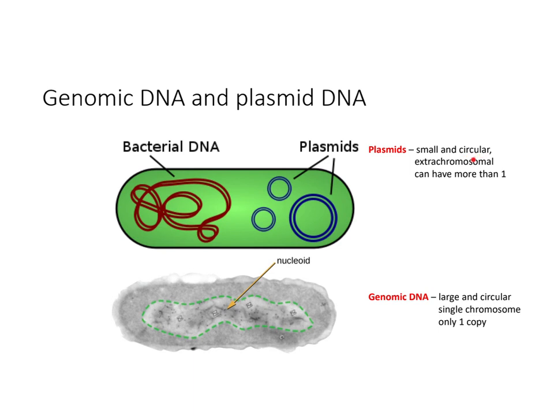But they are small and circular, and they're what we refer to as extrachromosomal DNA because they're not part of the normal chromosome. And bacteria can have more than one plasmid. That is, they can have multiple copies of the same plasmid, like these two that are the same size here, or they can have multiple types of plasmids, so this small one and this large one.